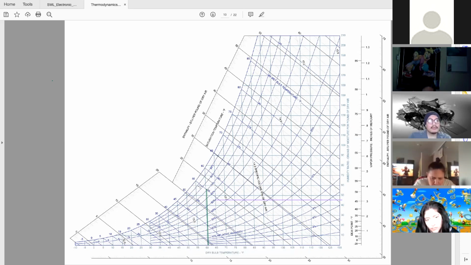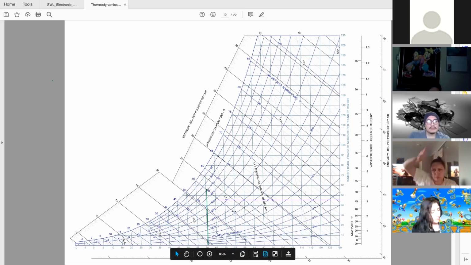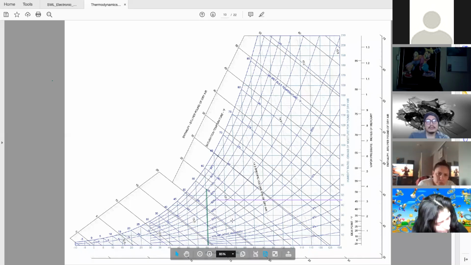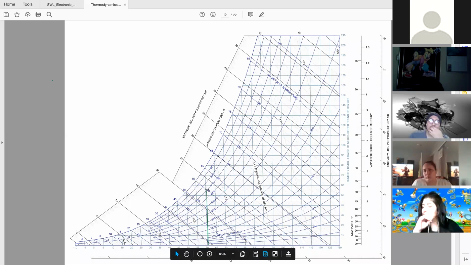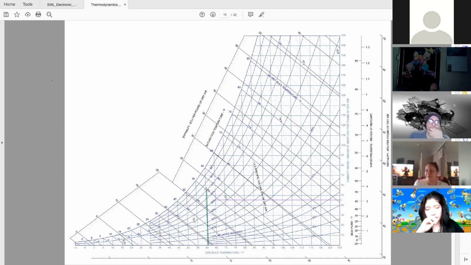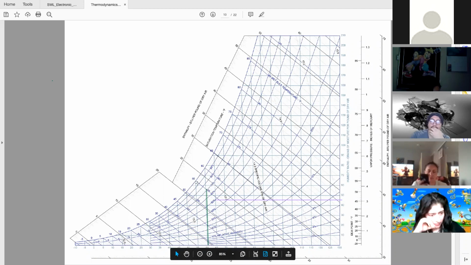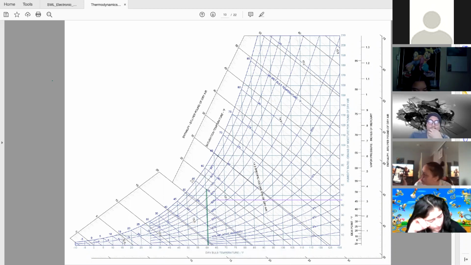Yes. The wet bulb temperature lines are the ones that go diagonally down from the left to the lower right. So yes, the wet bulb temperature today would be 55. If it was 55 degrees and 100% humidity, we would be at a 55 degree wet bulb temperature.